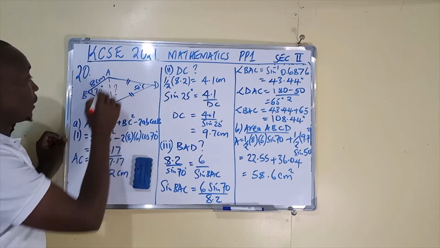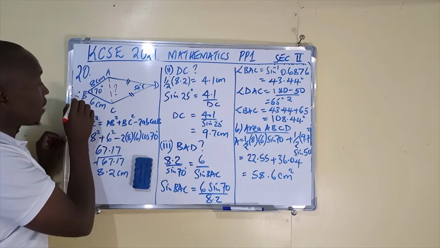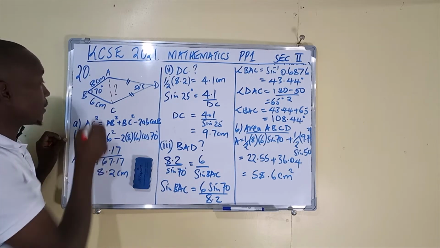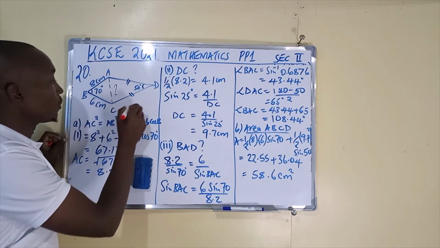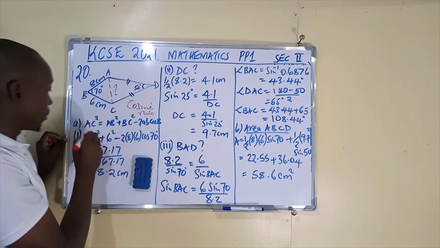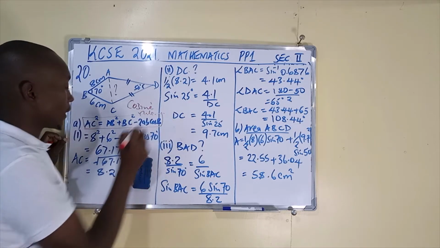AC. If you look at this triangle ABC, you have side AB, you have BC. So you're finding AC, the third side, and you have an angle. So the best method there is the cosine rule. And this is the cosine rule here, the formula there.